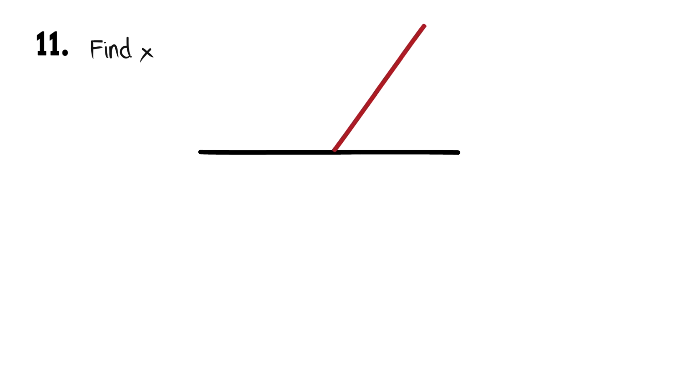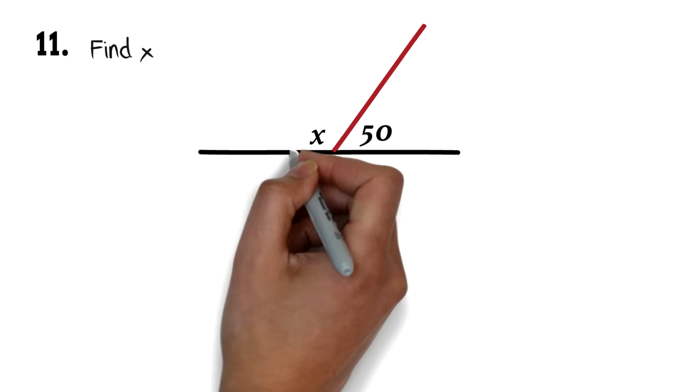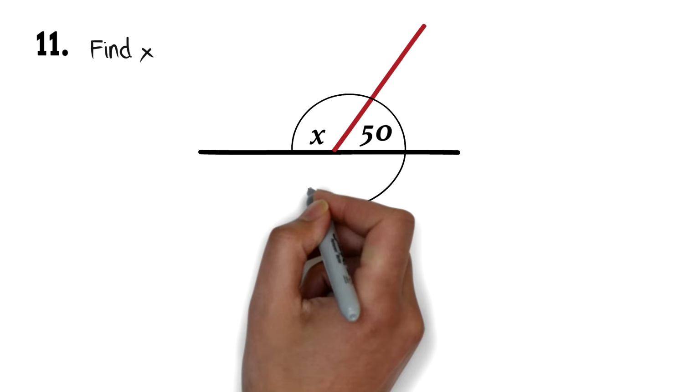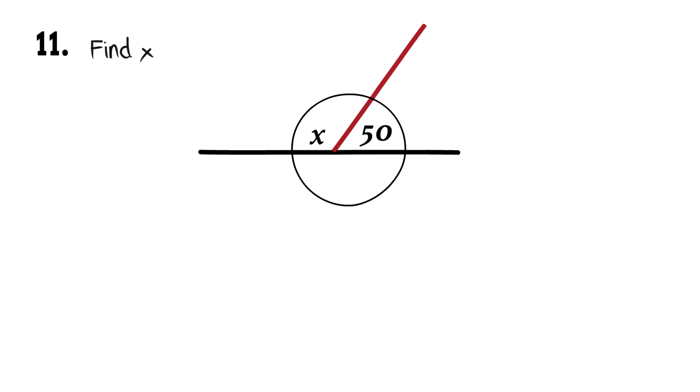Question 11. We are asked to find the angle x. We know that when you move in a full rotation, you would have traveled 360 degrees. When you move half the rotation, you'll have traveled 180 degrees. We can therefore say that at a point, the sum of the angles at one side of a straight line is 180 degrees. Please keep this in mind, it's extremely important.